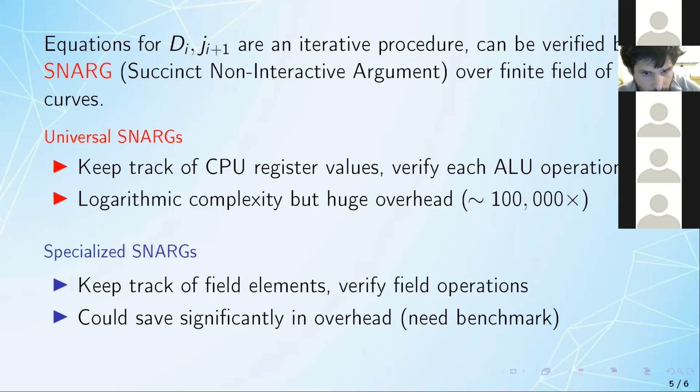Whereas what we propose is a SNARK which keeps track of field elements only and verifies the steps of field arithmetic. The insight is we know the verifier is able to do field arithmetic himself, so it's not really necessary to build a proof at that level of detail. We expect that this could potentially save a lot of overhead, although admittedly, exactly how much we don't know because we haven't benchmarked this.